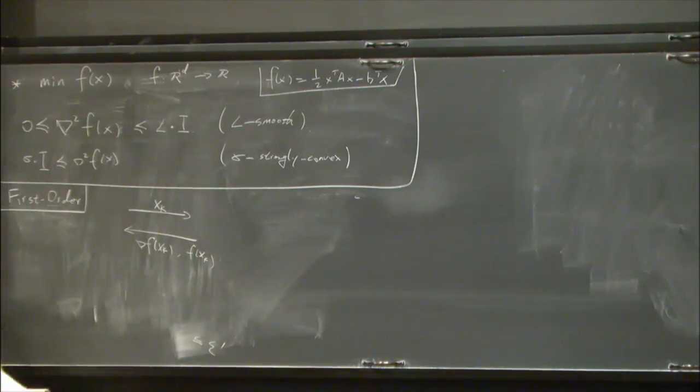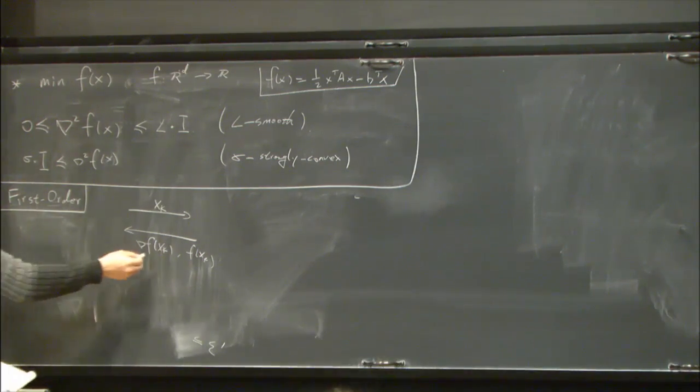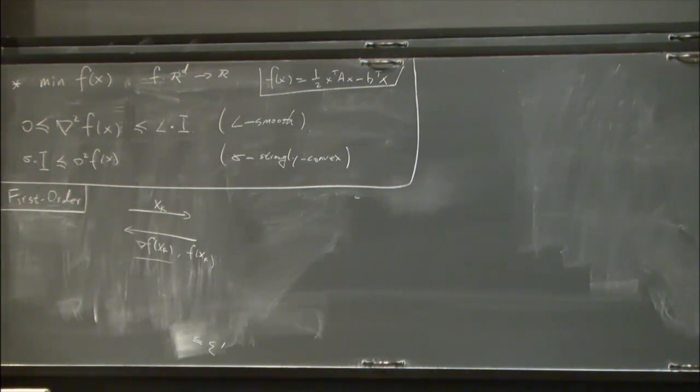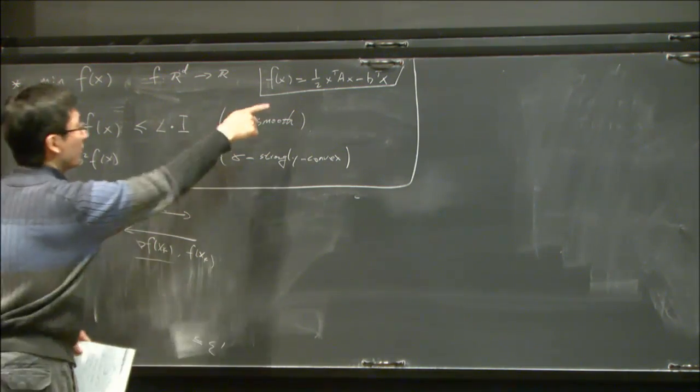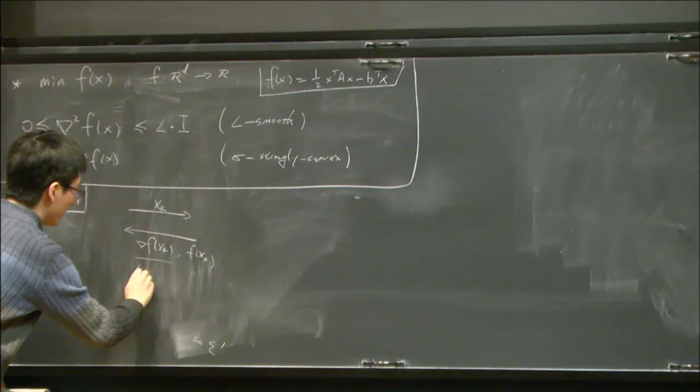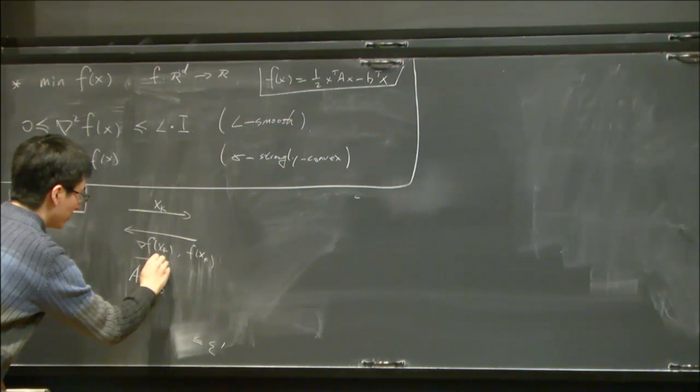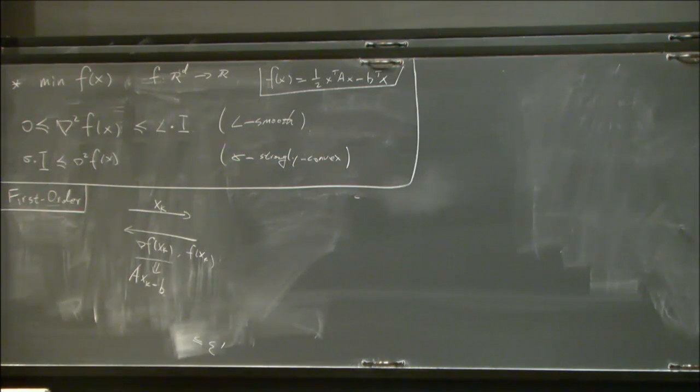It doesn't really matter in this talk. But most importantly, the oracle tells me about the gradient at any point x_k that I query in iteration k. So this corresponds to the oracle model of the first half of the talk, because this is nothing but A x_k minus b. It's just the matrix-vector multiplication.